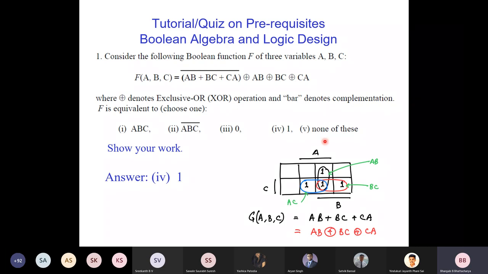And then when I take exclusive OR with CA, we have these two minterms. Now this is already 0. Now in CA, this guy reappears. Therefore, when I take the exclusive OR between AB, BC, and CA, we restore the original function. In other words, AB plus BC plus CA is identical to AB exclusive OR BC exclusive OR CA. Are you with me?